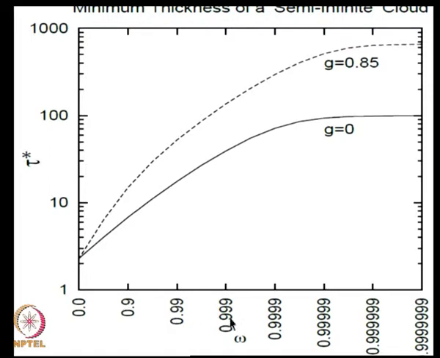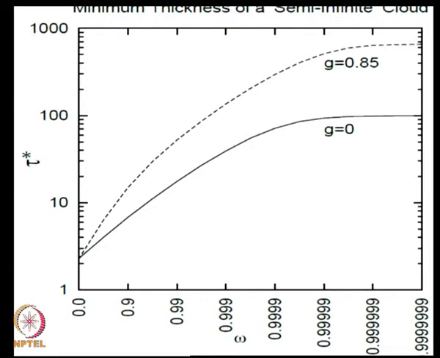As single scattering albedo increases, there are more and more scattering events, and so you need a much thicker layer of the medium for you to treat it as semi-infinite. And it also depends upon whether you have more forward scattering or you have isotropic scattering.